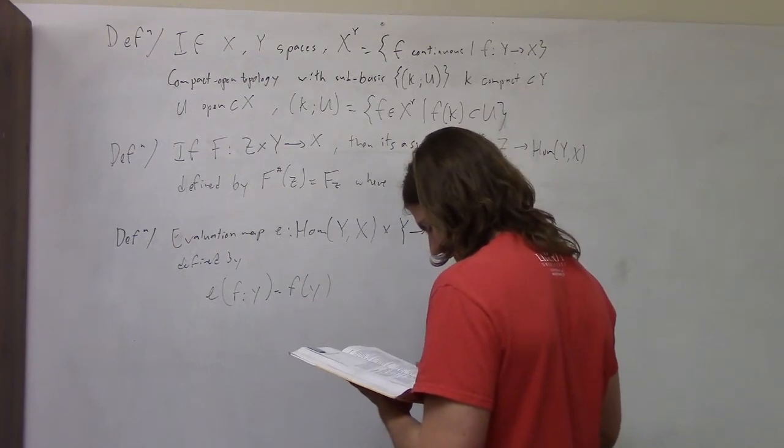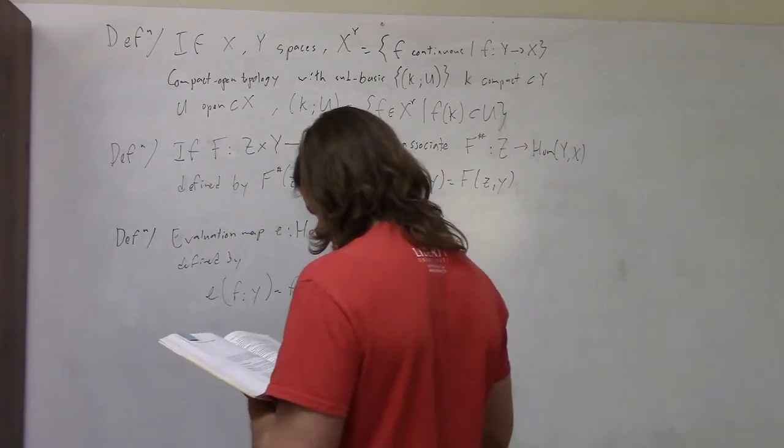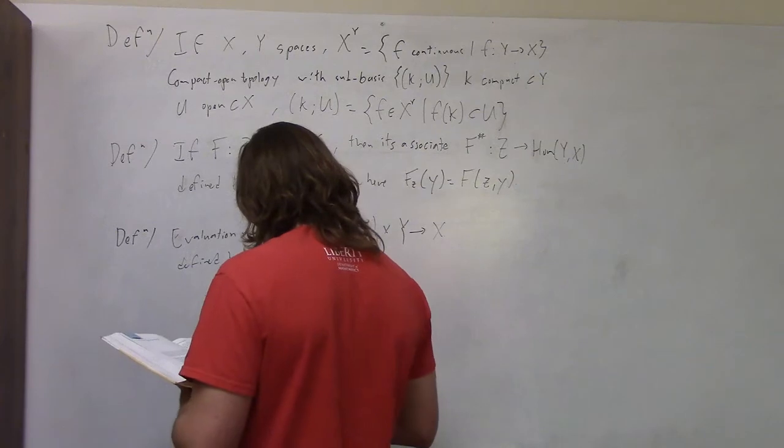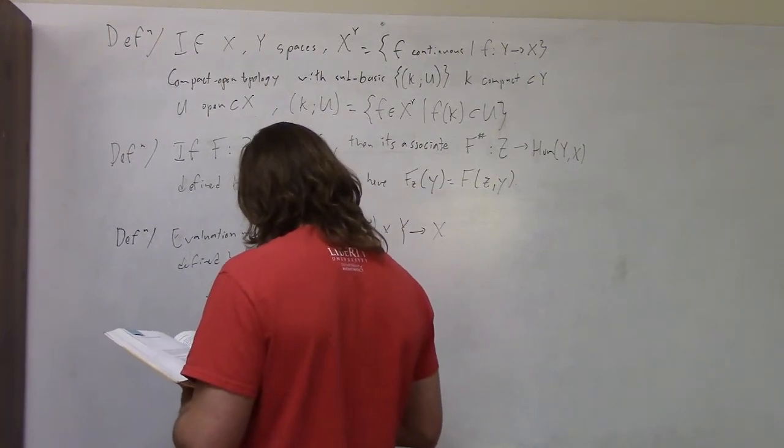And we get a theorem about these associate and evaluation maps.